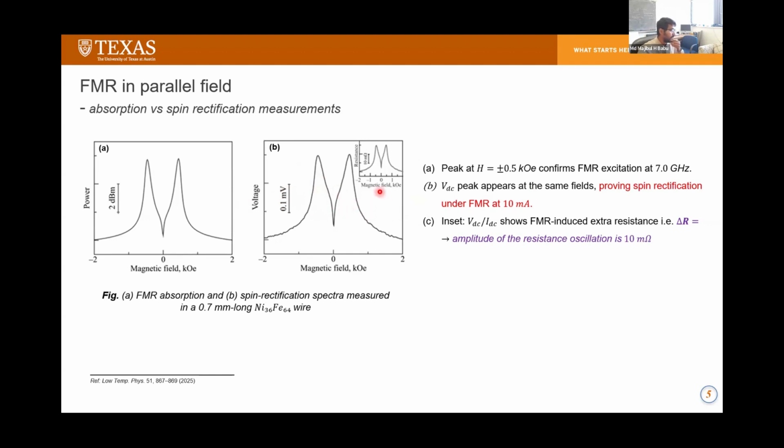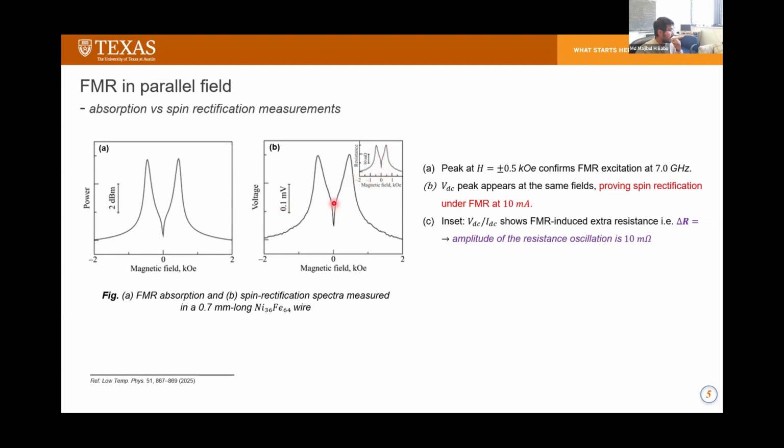By the way, you can see there is an inset image which shows the ratio of the photovoltage to the DC current, which represents the FMR-induced resistance oscillation, which we call the extra resistance, with an amplitude delta R of 10 milliohm at 10 milliampere DC current. So that means we can say this spin rectification photovoltage originates from a resistance change during FMR.